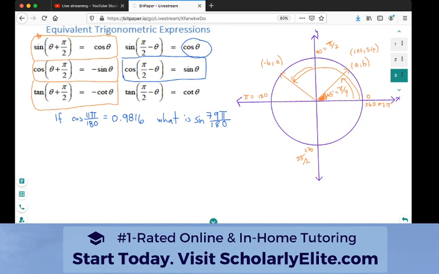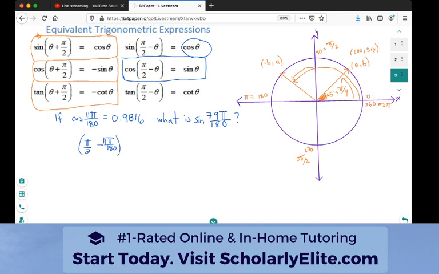So what we need to do is express the angle of 79 pi over 180 in a different way. We can express it as pi by 2 minus 11 pi over 180.